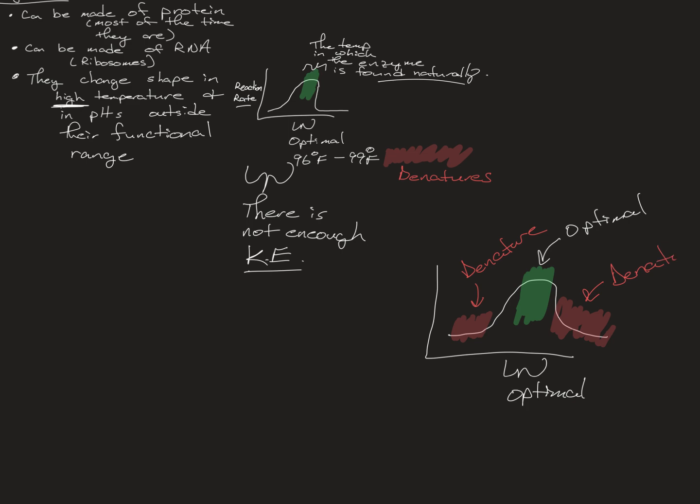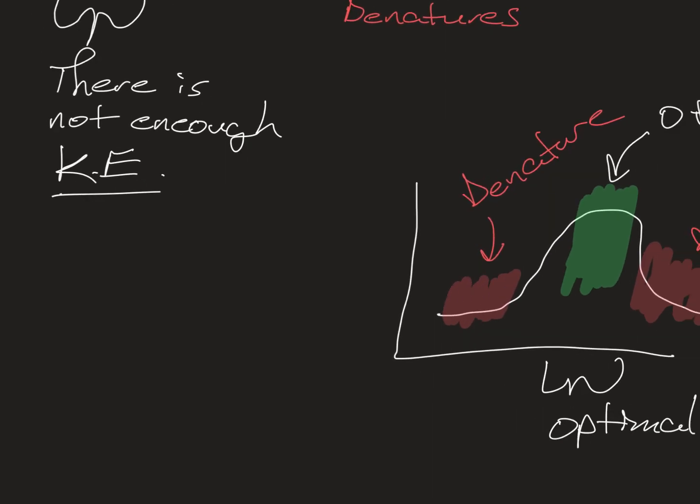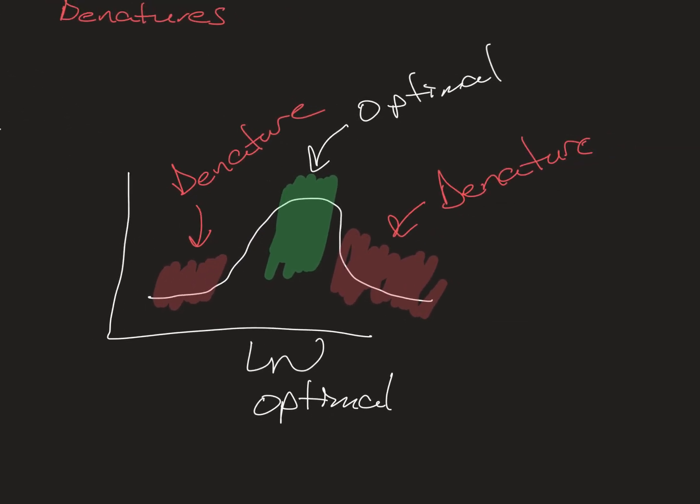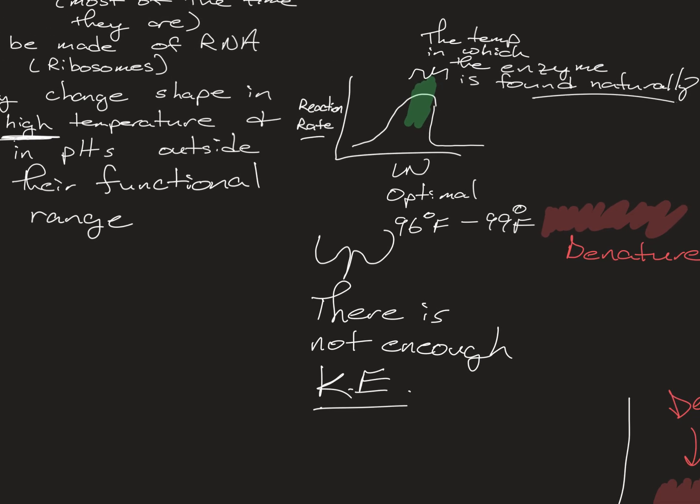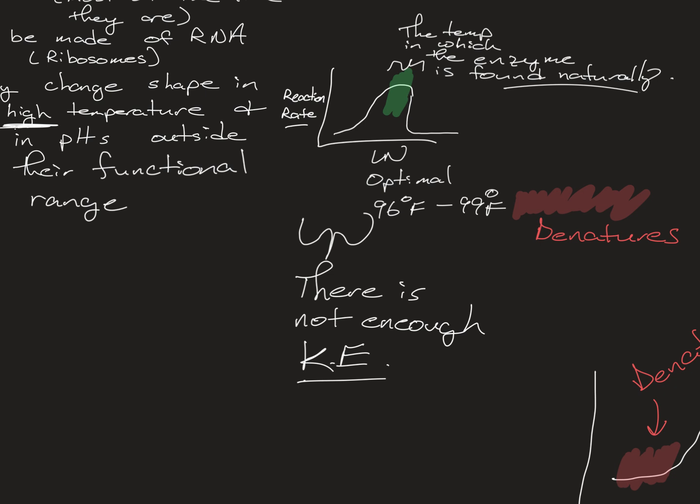Now that's important to understand for this part here. But here's what's good for you: if it's pH or if it's temperature, if it's outside the optimal range, it doesn't function.